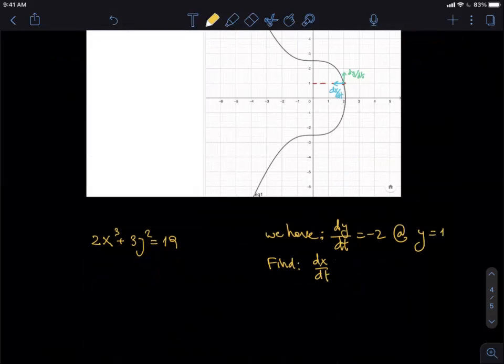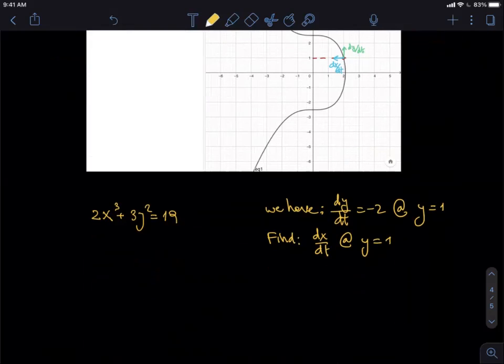Why am I insisting on this? Because we can use implicit differentiation. x and y are implicit functions of t. Think about it.